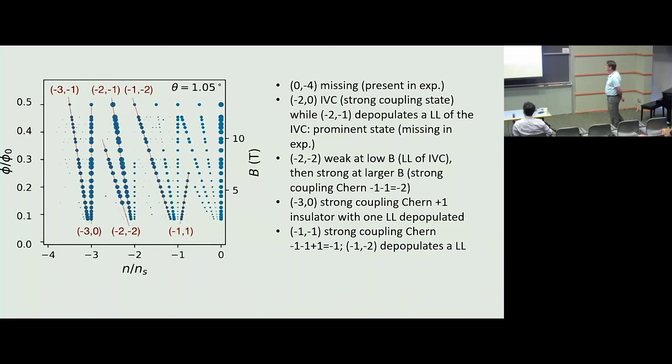Okay, and then -1 is a strong coupling Chern insulator, and we can understand the fan which emanates out of this as depopulation of Landau levels of either Chern +1 or Chern -1 insulators.